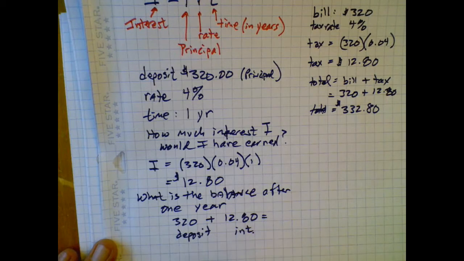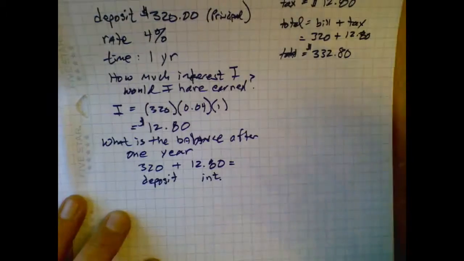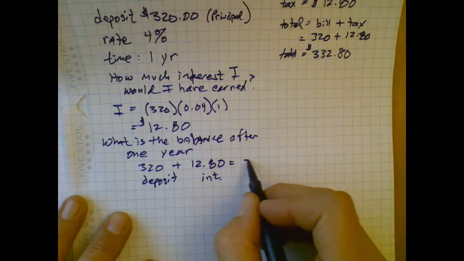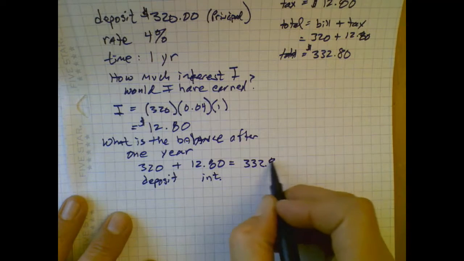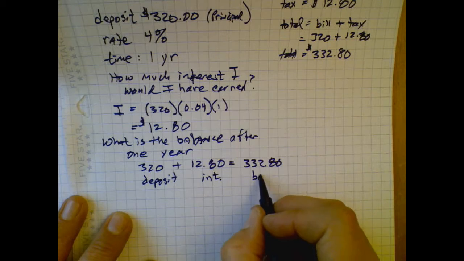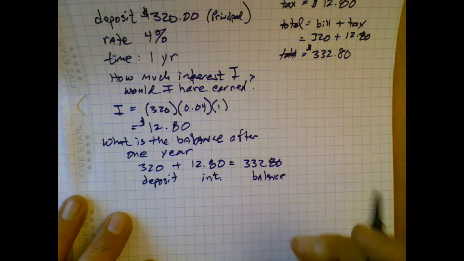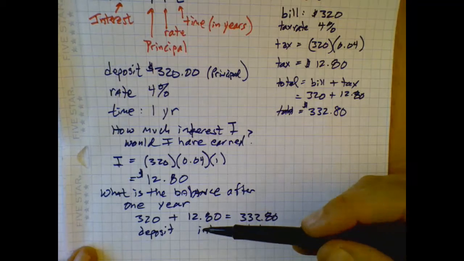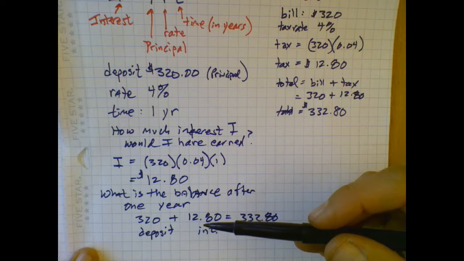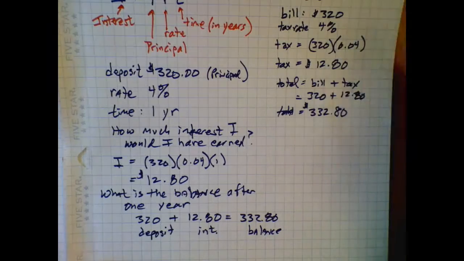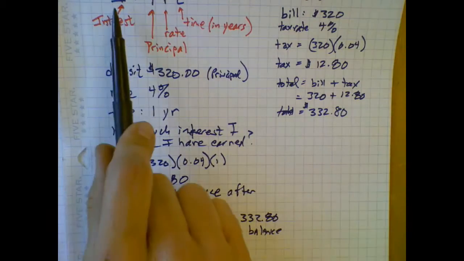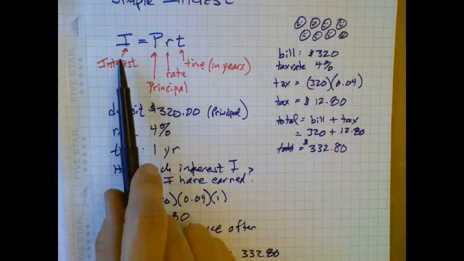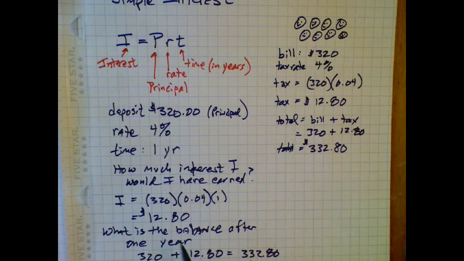So my balance at the end of the year is going to be $332.80. That's my balance. Of course, these two problems look much the same, right? Because they are much the same. So remember, interest is what you're paid, but when I want to find out the balance, I have to make sure that I add what the deposit was going in.